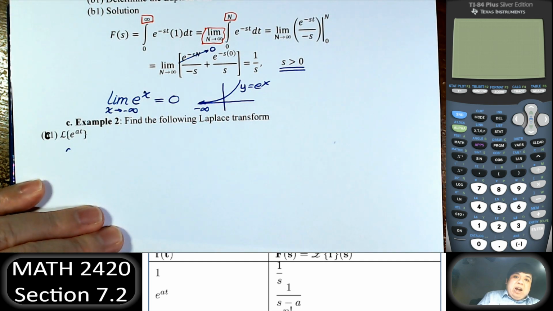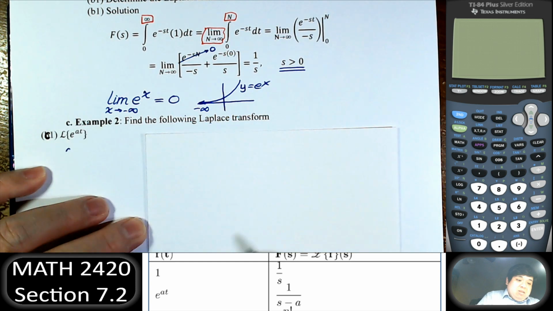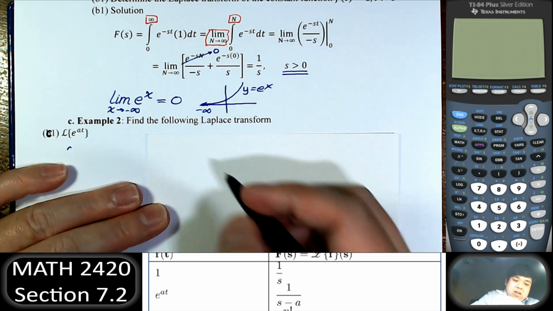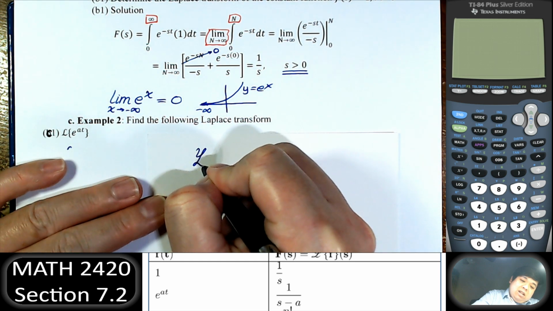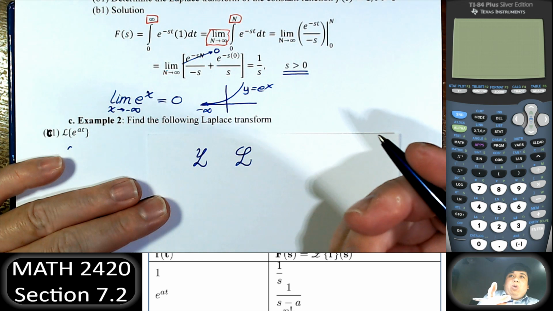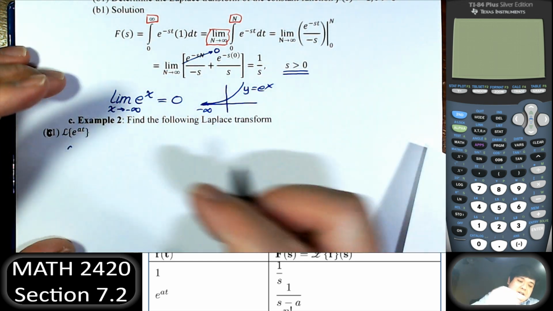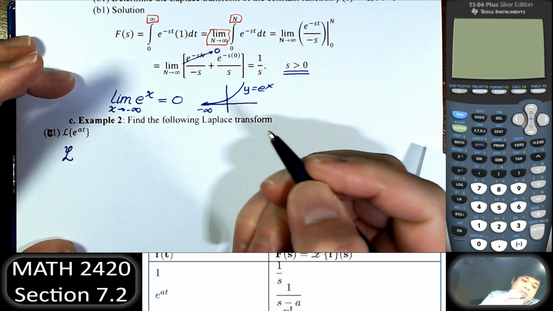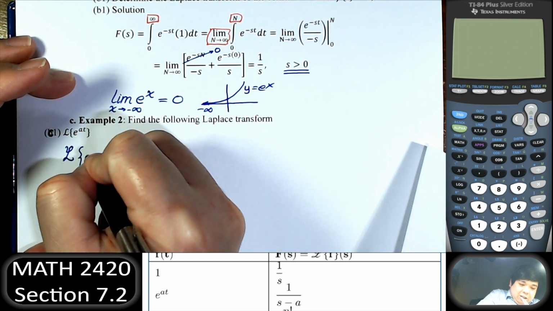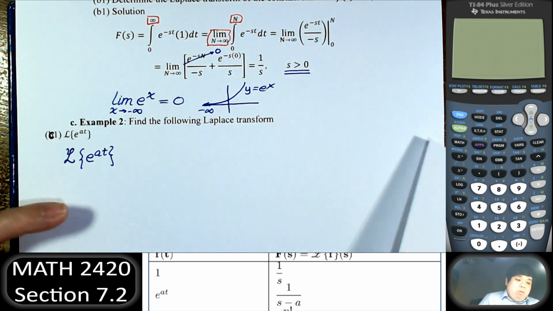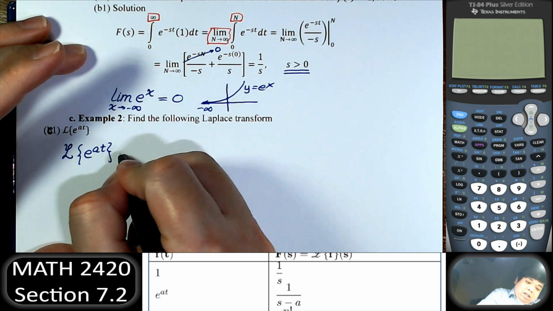This is what I get from the program that I'm using, but you can write the L like this, or it doesn't matter how you write the script L. I'll write it like this: the Laplace transform of e to the at.